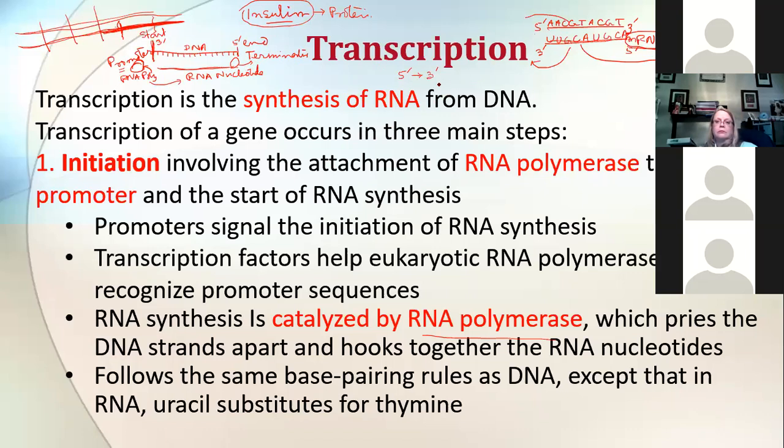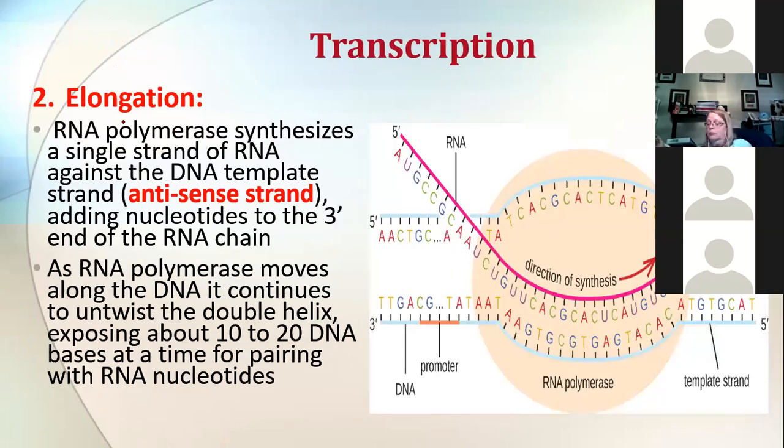We have three stages. We have initiation, when RNA polymerase sits on the promoter region. Then our next stage is elongation. Elongation means when RNA polymerase synthesizes the complementary RNA strand.